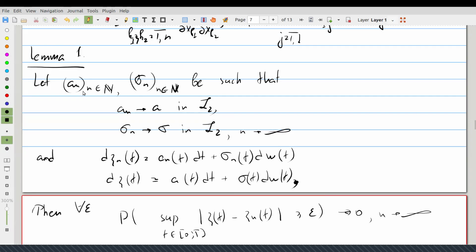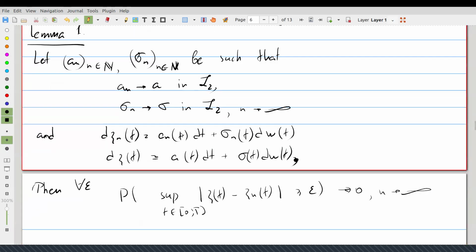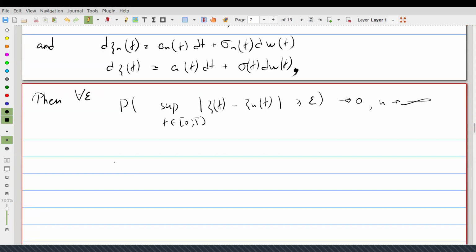So if the coefficients in our stochastic differentials are L2 convergent, in this L2 Gaussian sense, everything is going to be convergent in probability and uniformly in t.